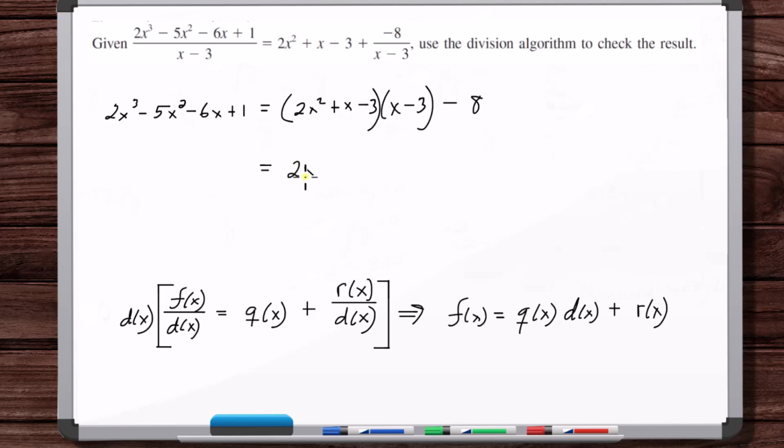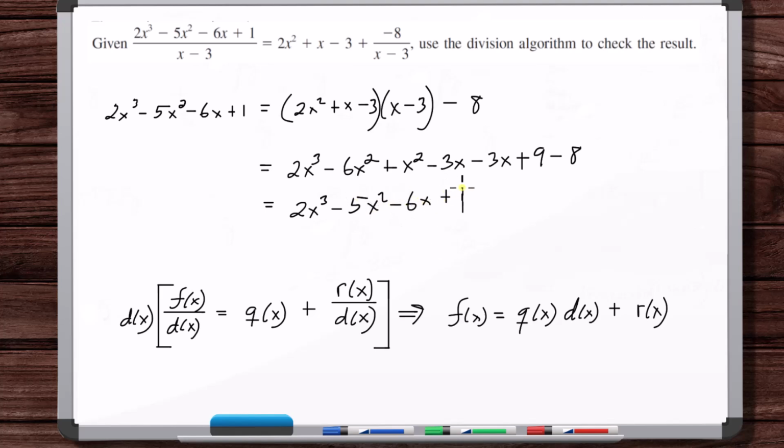So 2x cubed minus 6x squared plus x squared minus 3x minus 3x minus 9 minus 8. Is that right? 2x cubed minus 6x squared plus x squared minus 3x plus 9. Okay, so we're left with 2x cubed minus 5x squared minus 6x plus 1. There you go.